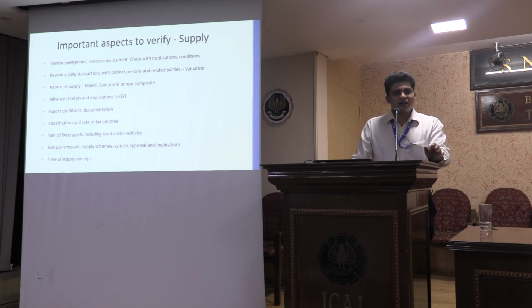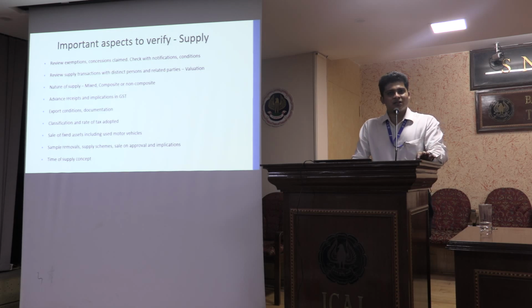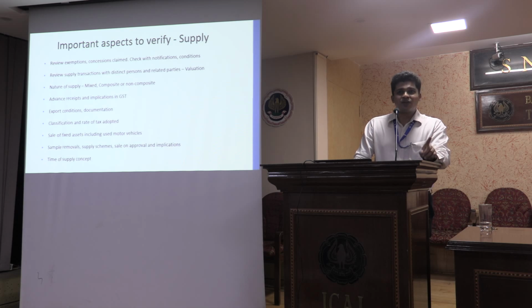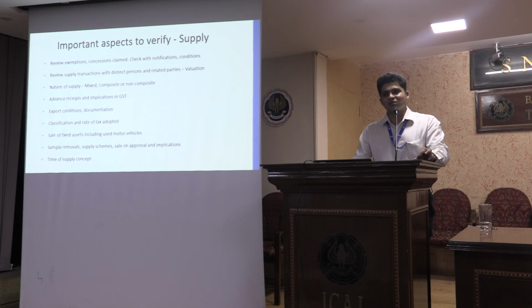He need not verify any of the GST concepts with relation to the client. Based on this, the fee also was decided for the client, drastically reduced because I am just doing the arithmetical accuracy. I am not getting into verification of the transactions at all.